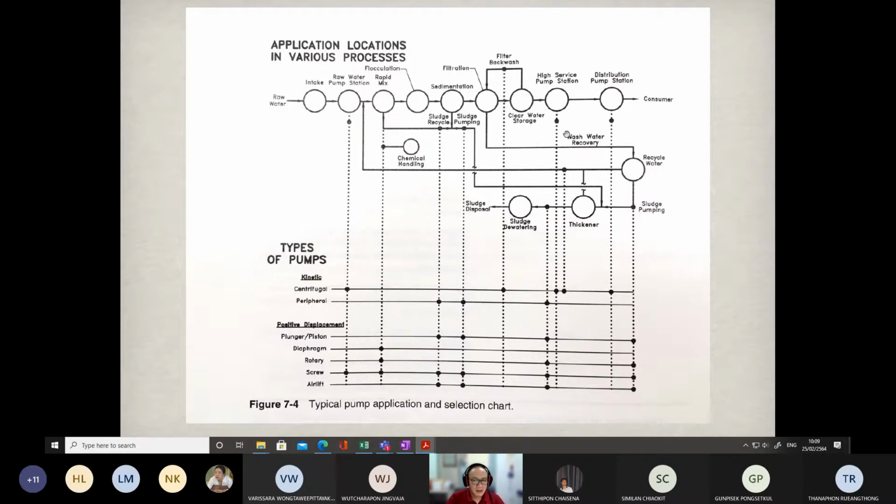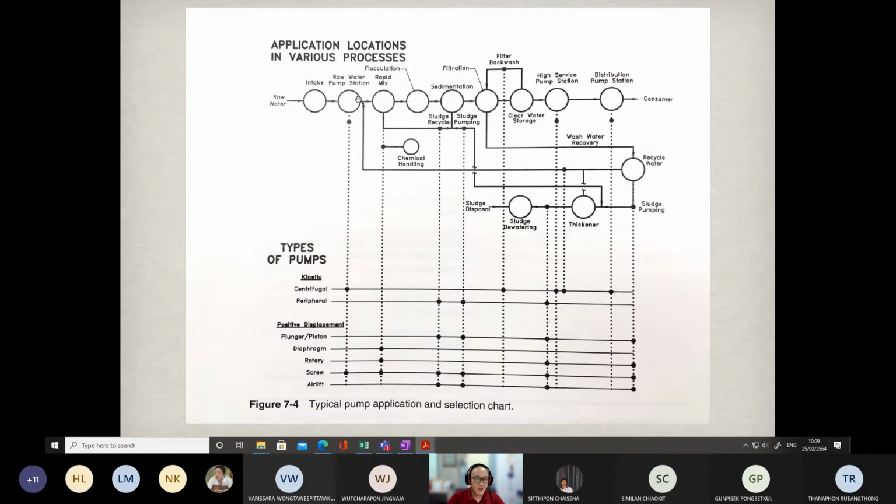In here, we may apply chlorine, and after that the water is distributed to the community where they are serviced by pumping stations. So at each unit, various types of pumps can be used.